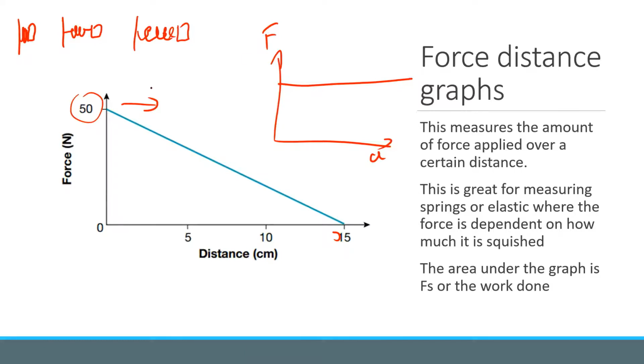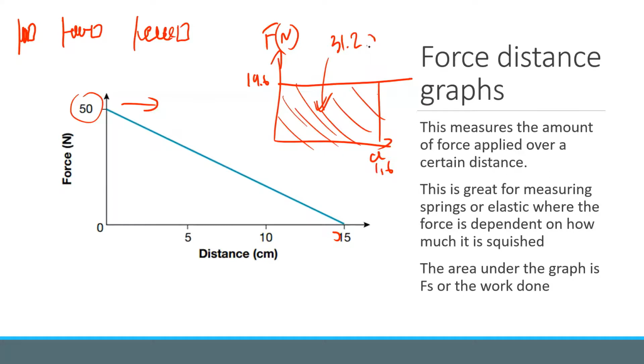These straight line graphs, as I said, if we go back to the other answer that we had before, this would be 19.6 newtons, because that was lifting the bag of rice. We said that was 1.6 meters, and so that's how we got 31.2 joules.